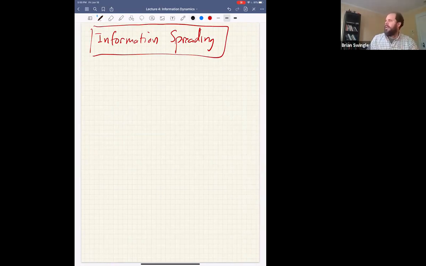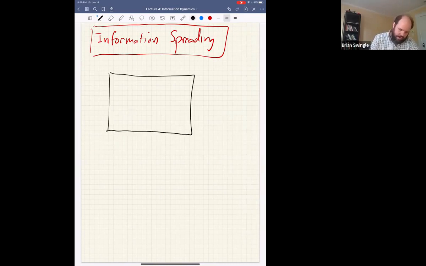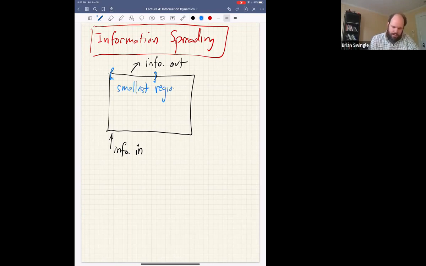The idea here again is I have my circuit and I put information in here, and I want to get information out up there. In particular, I want to ask the question: what's the smallest region that contains the information?